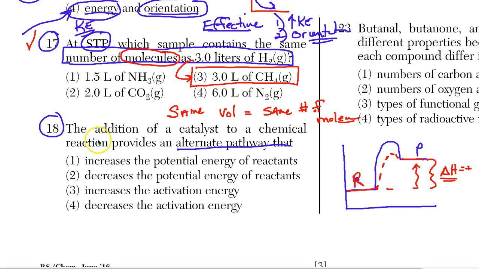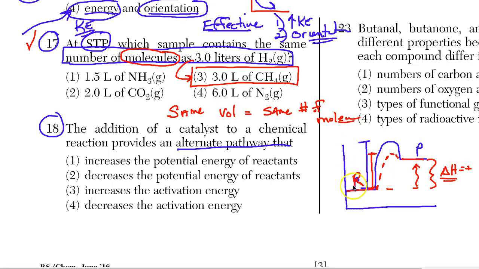The addition of a catalyst to a chemical reaction lowers this hump. Okay, in the blue, this represents the activation energy of the forward reaction. In the red, that activation energy of the forward reaction has been lowered because we've changed the pathway, and the reaction occurs faster.